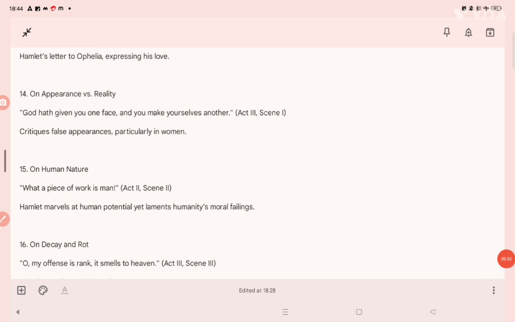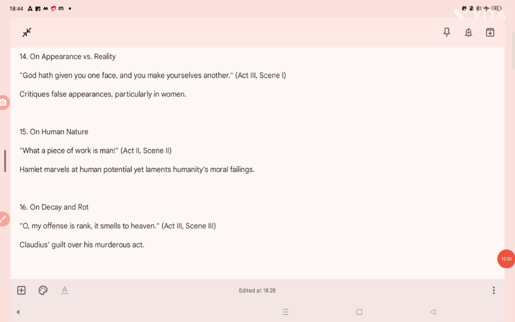That is Hamlet's letter to Ophelia expressing his love. "What a piece of work is man." "O, my offense is rank, it smells to heaven."